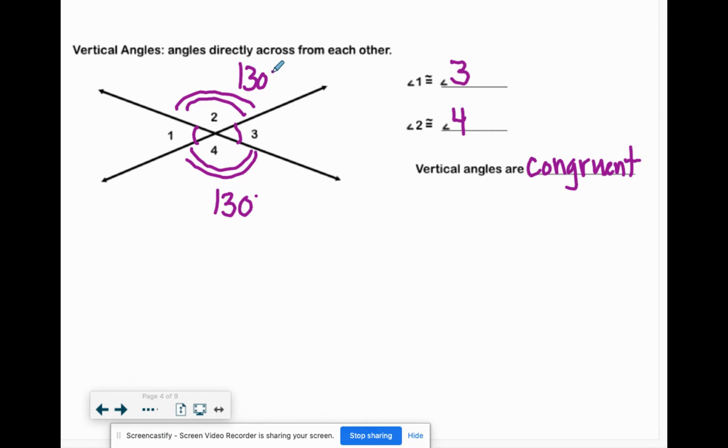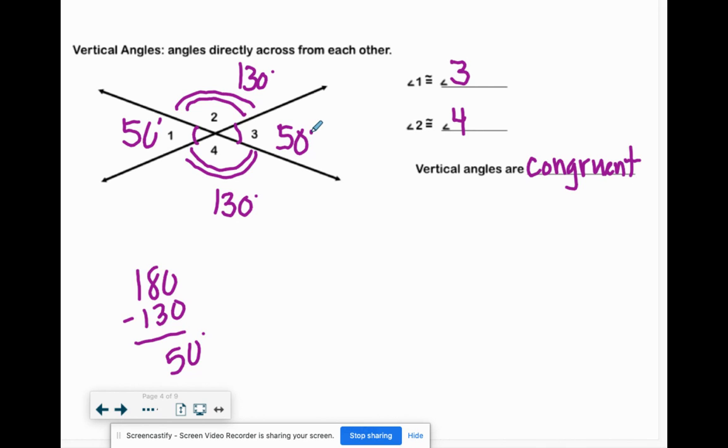Remember, what does a straight line equal? 180, right? So if this is 130, what would angle 1 have to be? 50. Yeah, 180 minus 130 is 50. And if angle 1 is 50 degrees, what is angle 3? Okay. So isn't that kind of nice? If you know one angle, you can figure out all the other ones?